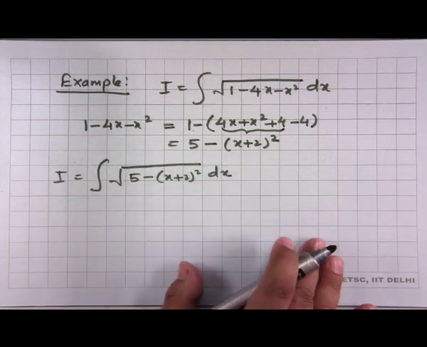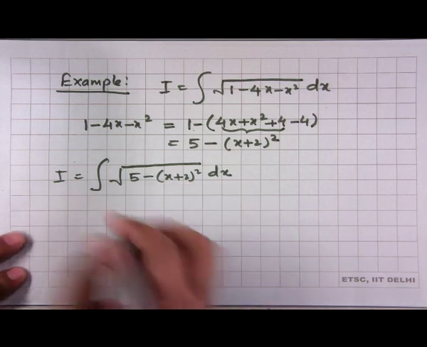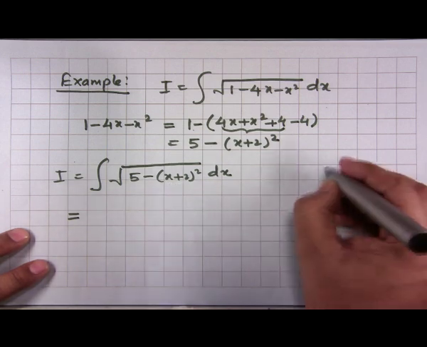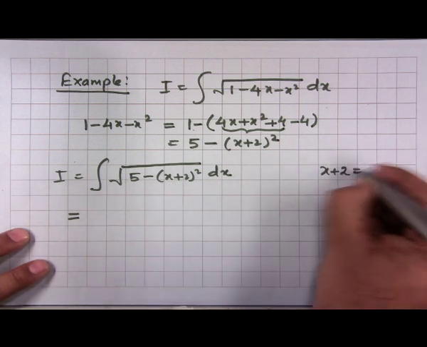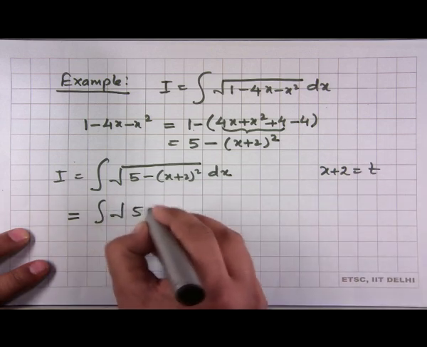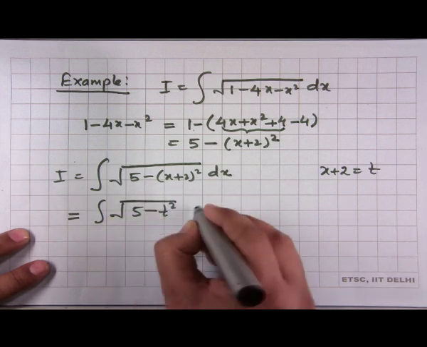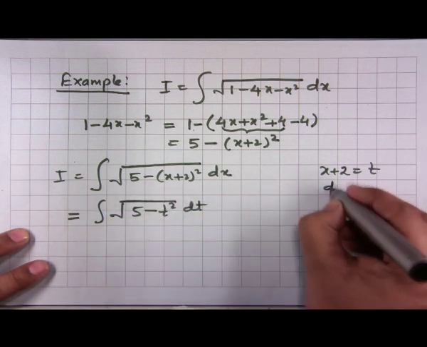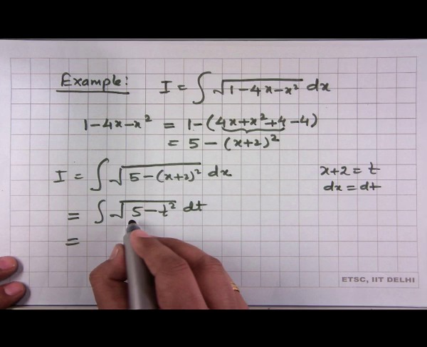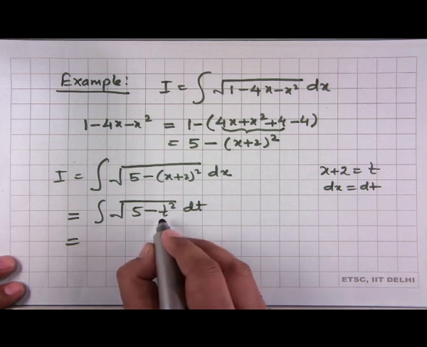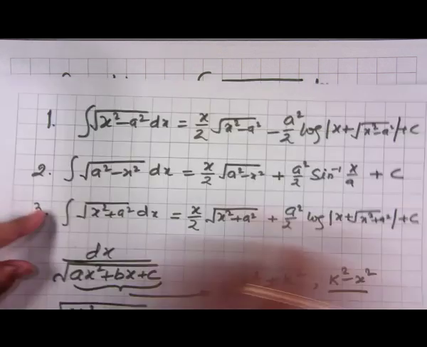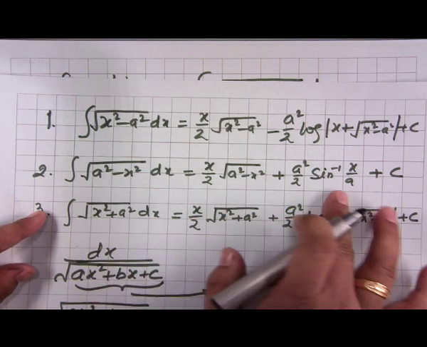Now I can use the formula directly, since it is a linear factor, by making a substitution here: x plus 2 is equal to t. So, the integral becomes square root of 5 minus t squared dt, because here you can see dx is dt. This is of the form a square minus t square. So, one of our previous formulas, a square minus x square, will work here.